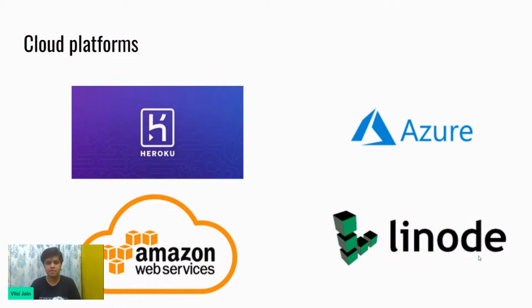Now, we have various platforms to deploy our machine learning model. We have Heroku, Azure, Google Cloud Platform, AWS, Linode, DigitalOcean, and many such, right? But how to choose the best out of them totally depends on your requirement. If your model is very small, if your model is very big, if it is large scale, easy to manage, there are many circumstances where we have to make it the best, right?